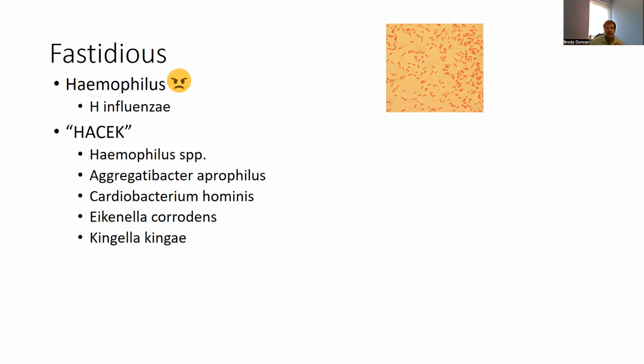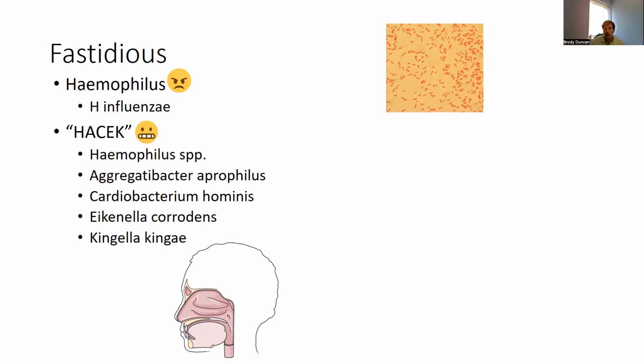When we talk about things like Haemophilus species that aren't influenzae, Aggregatibacter, these are organisms that are somewhat pathogenic, but are also part of the flora and might not truly be pathogens if they grow in your patient's culture. They tend to live in warm and moist environments, again, like the nose and the throat. And that's where they tend to stay.